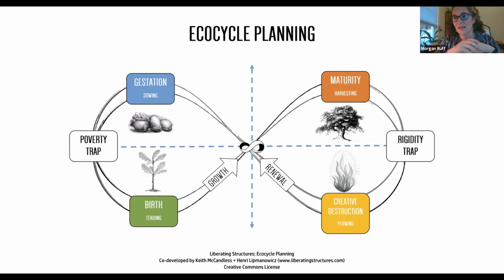And so what I can do then is start to think about, what am I holding on to? What am I afraid of creatively destroying in this work? Is this an appropriate place for me to stay right now? Or do I need to allow it to move through the cycle and see what new birth comes?